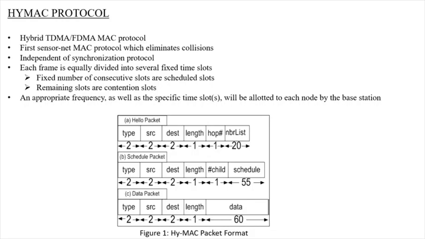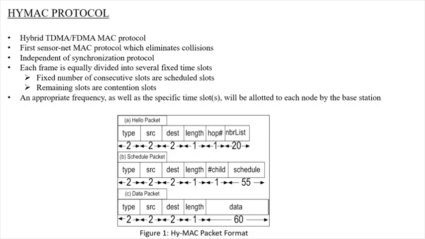All scheduled nodes employ low power listening on contention slots, during which they randomly select one slot to send a hello message to the base station. All the unscheduled nodes, which have just joined the network, only operate in contention slots, similarly sending the hello message.